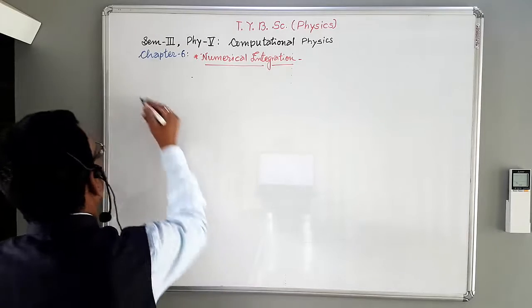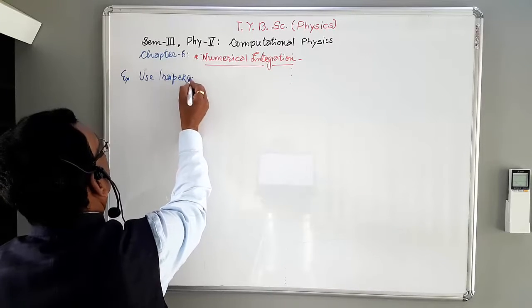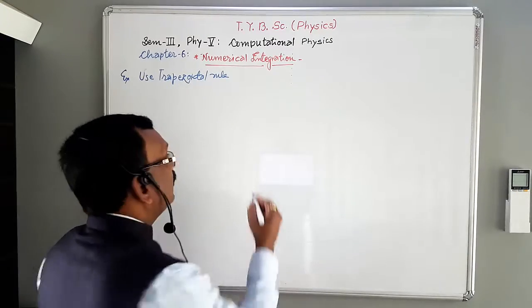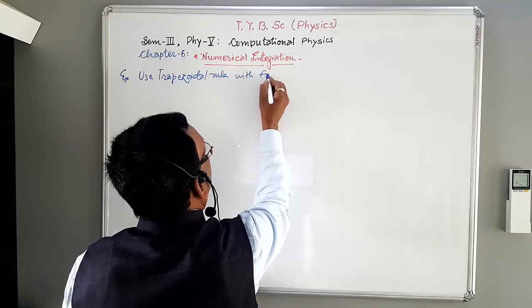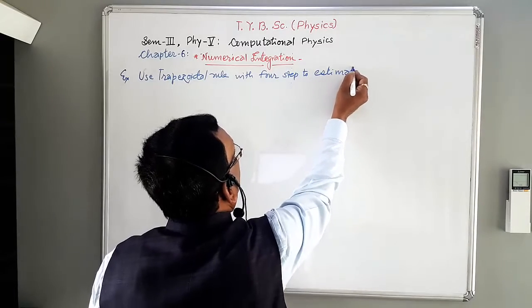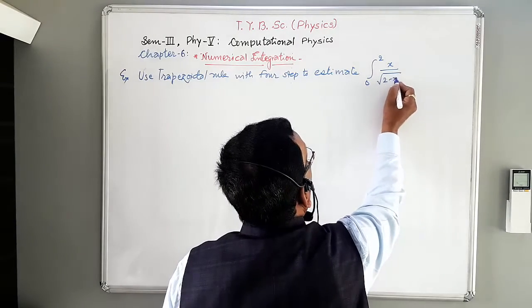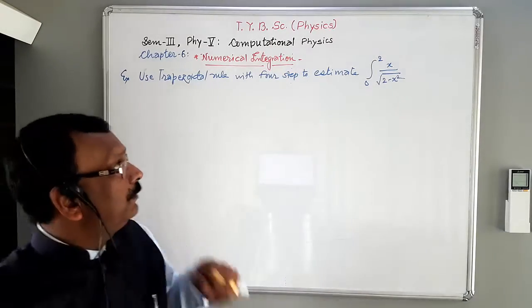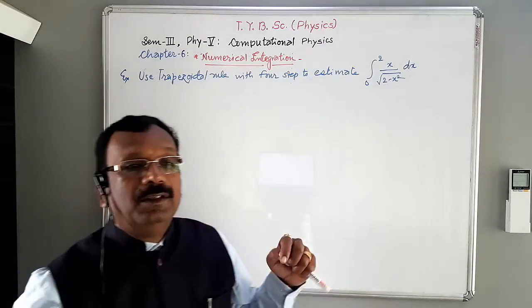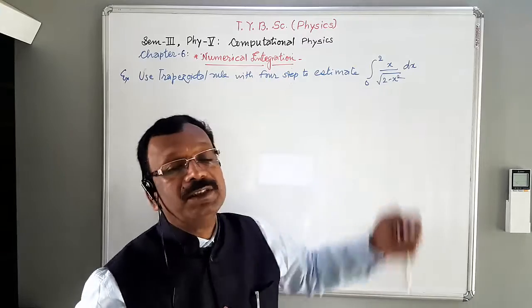Use the trapezoidal rule with 4 steps to estimate the integral from 0 to 2 of x upon under root 2 minus x square dx. This is the function.